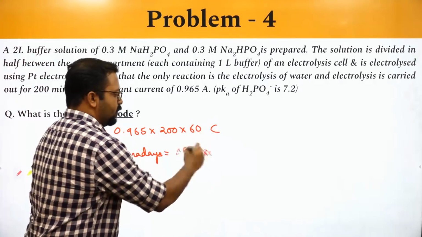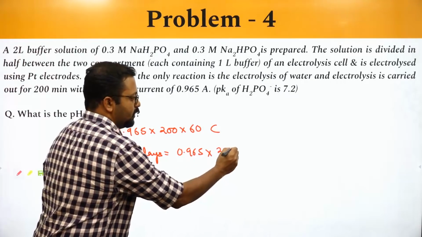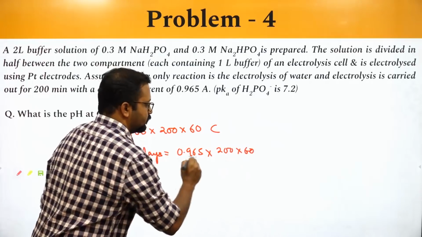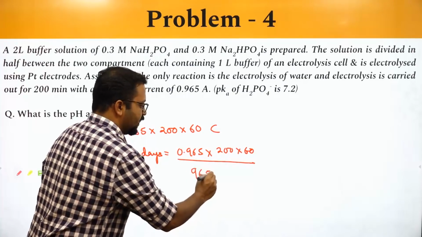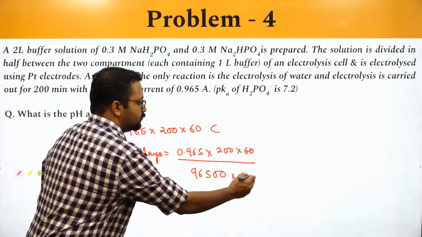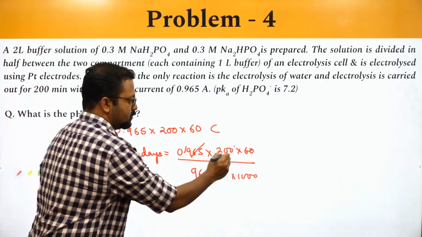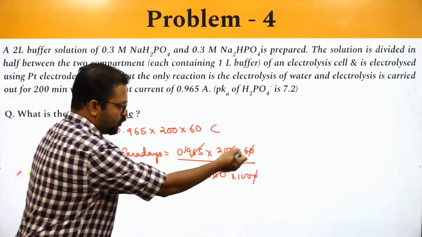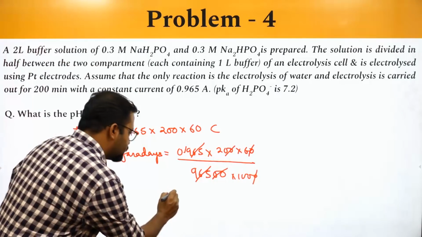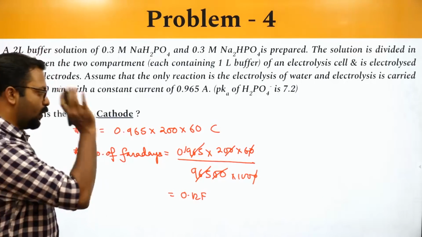Don't calculate over here because you can see that 0.965 is there, so it will get cancelled out. Put 1000 over here. This goes away. This goes away. We have 12 by 100, so this turns out to be 0.12 Faraday.